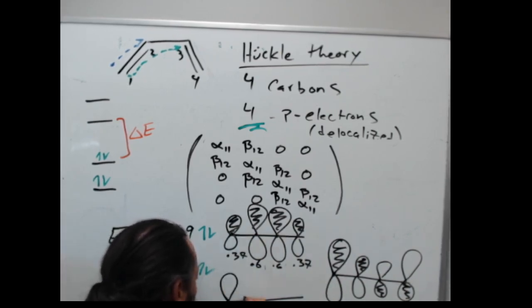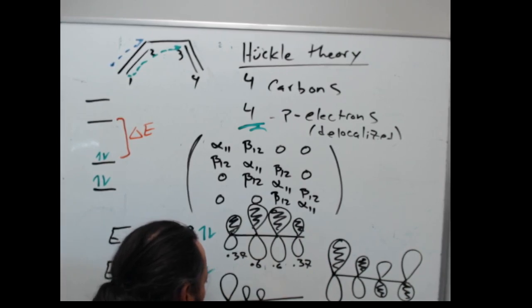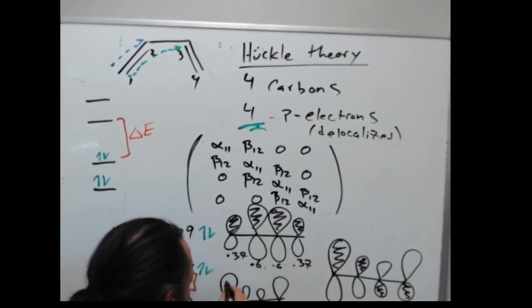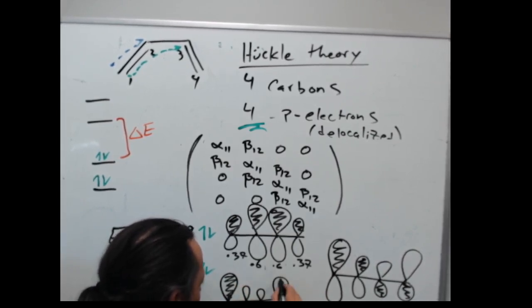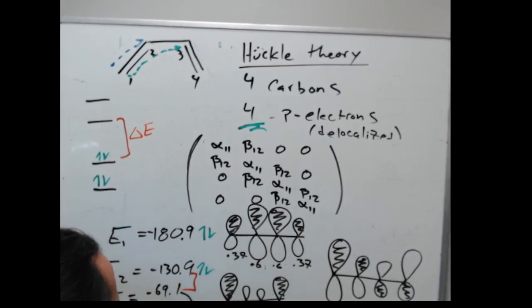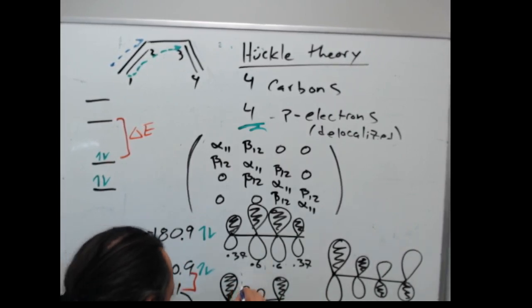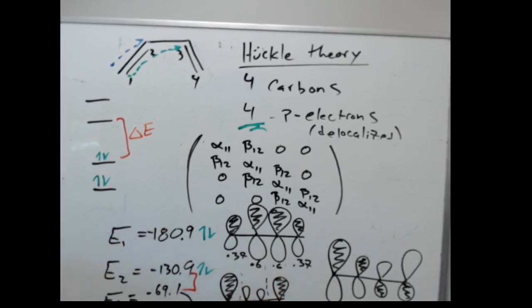big, small, small, big, kind of like the other one, except this one goes negative across the middle. And so where we have our phase flips, we end up with, ooh, that purple looks black. We end up with 2 places where we have phase flips instead of just one.